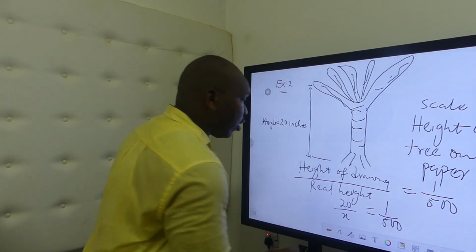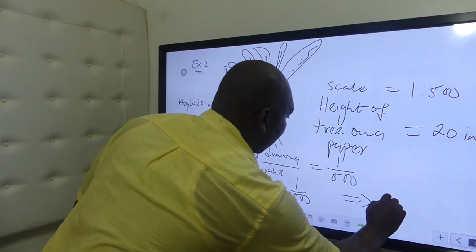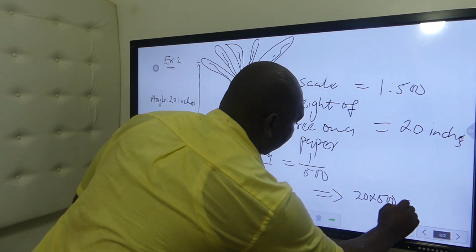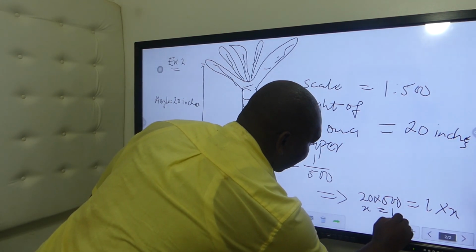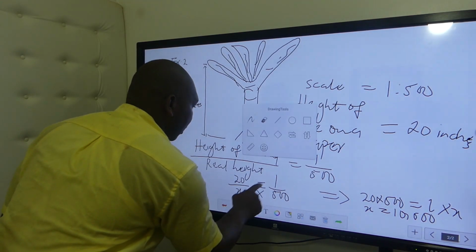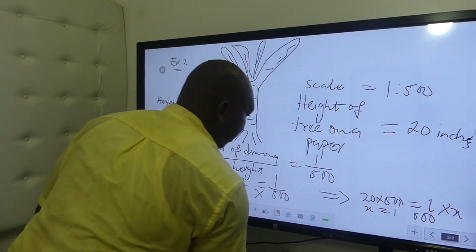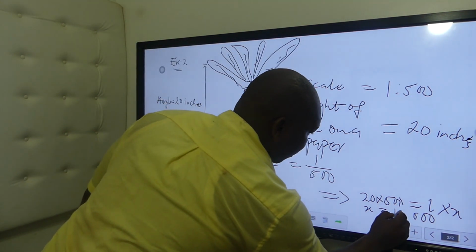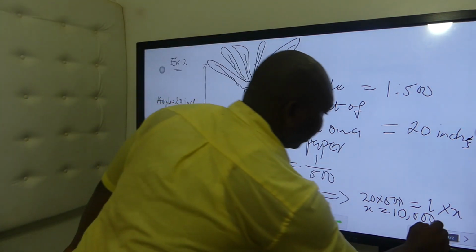Now, when you cross multiply, this will give us 20 times 500 is equal to 1 times x. Then x is equal to 10,000 inches.